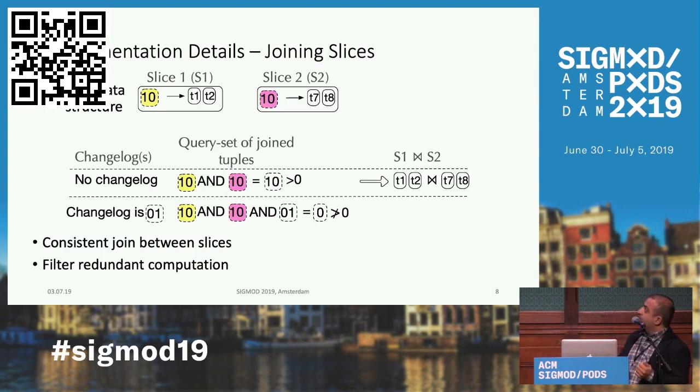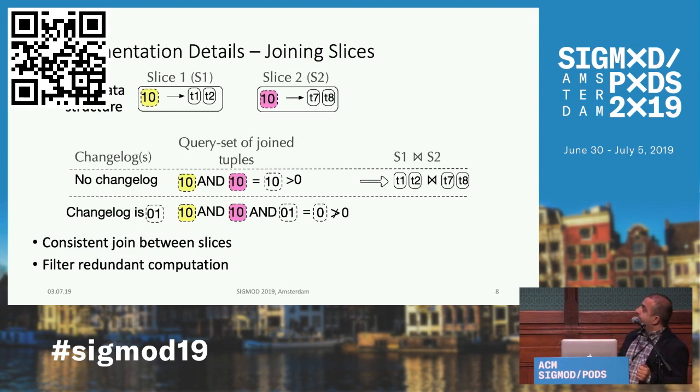For example, if we want to join slice 1 and slice 2, the yellow group means that tuple 1 and tuple 2 both have query set 1, 0, which means that they match the query 1 selection predicate, and they don't match the query 2 selection predicate.